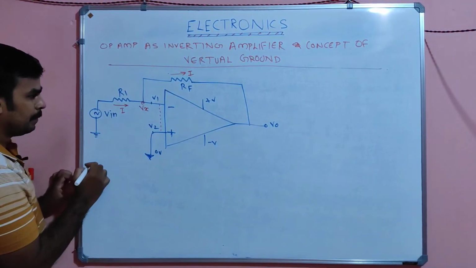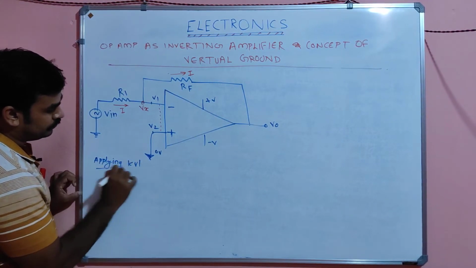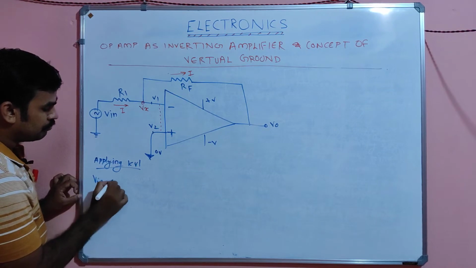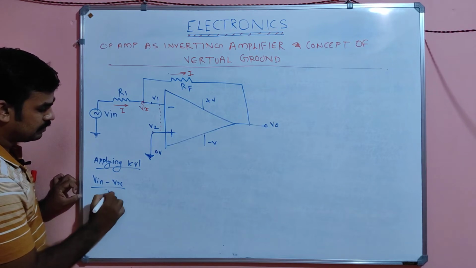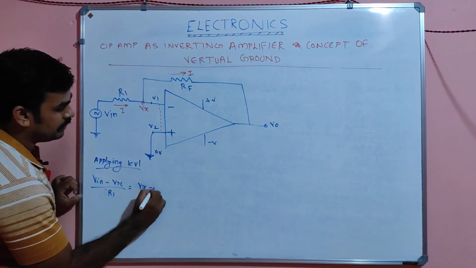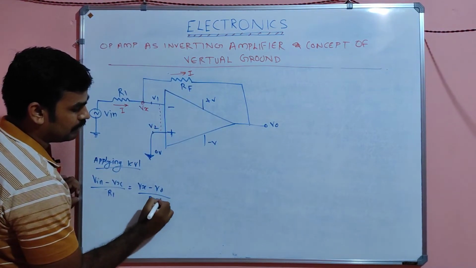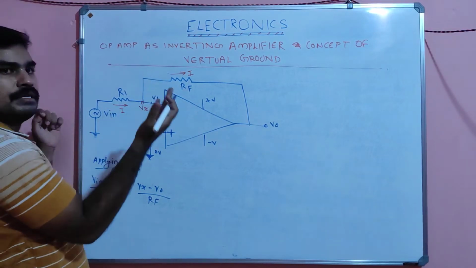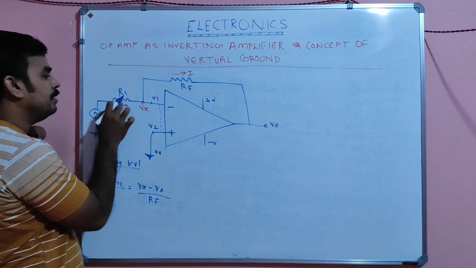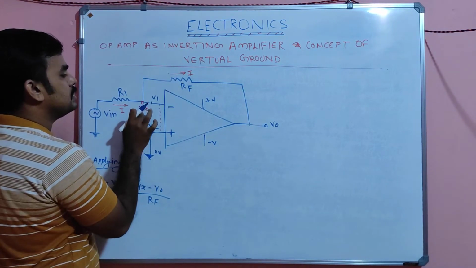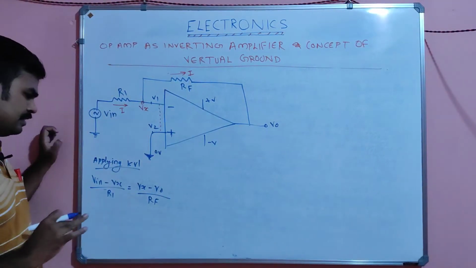So I can write (V input minus Vx) divided by R1 equals (Vx minus V0) divided by Rf. The current is the starting voltage minus the ending voltage divided by the resistance. Here also the current starts from Vx and ends at V0, so (Vx minus V0) divided by Rf. Simple equation.